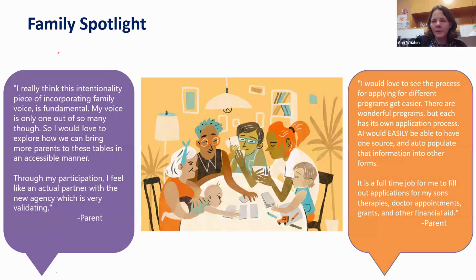I'm not going to read this because I know we're relatively short on time, and I want to make sure we leave a lot of time for Q&A. But I just want to share, we're getting a huge breadth and depth from our engagement thus far about both how we can improve our process and some of the challenges that exist today. And we are truly using that information to guide our work and inform our priorities.